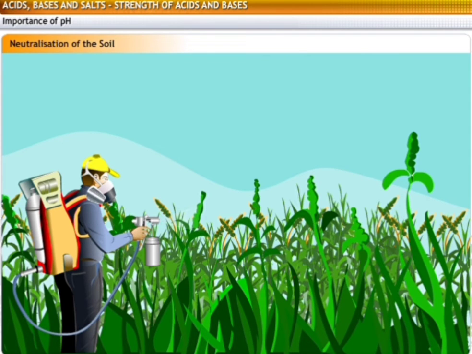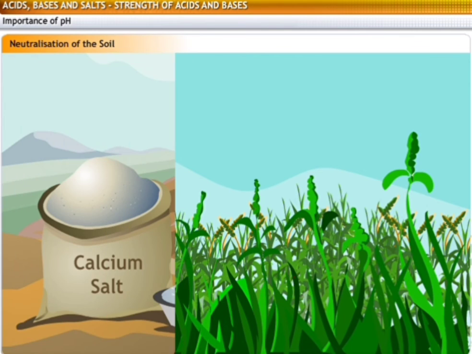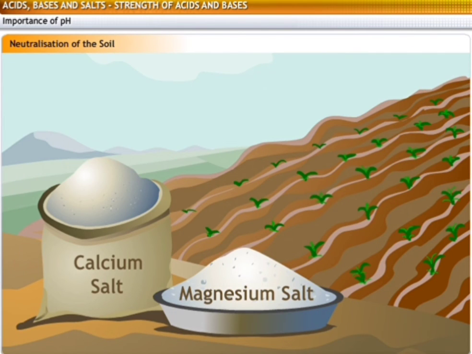If the soil is acidic, then the applied pesticides, herbicides and fungicides will not be absorbed by the soil. In order to neutralize the soil, suitable bases are used. Generally, salts of calcium or magnesium, which are basic, are used to neutralize soil acidity.